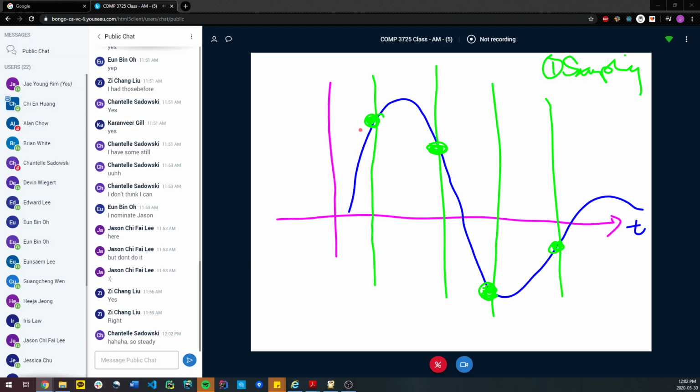If I were to join these lines together, I kind of get this reproduction, but it's just not as smooth. So you start to see that if I want to get more and more of these data points, then I really should sample more. I should maybe sample here, and here, so I get a smoother curve. Does everybody see that? I can keep cutting it and say, okay, I want to sample here, and again get these values here, sample here, and so on. So I'm going to remove those for now.